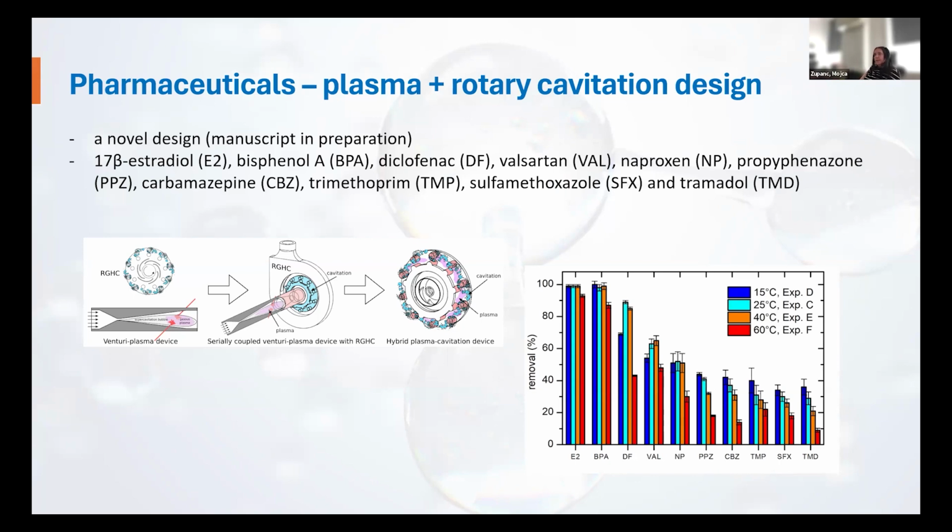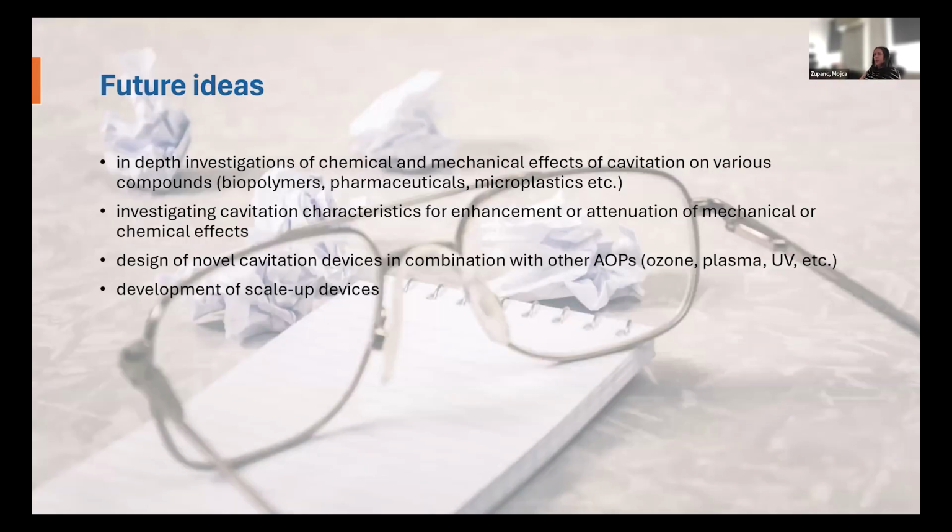So at the end, let's just put together what our future ideas are, what we want to do in the future. Well, we will continue to do some deep investigation of chemical and mechanical effects of cavitation on various compounds, but we will expand the compounds beyond pharmaceuticals. We will dive into biopolymers and microplastics.